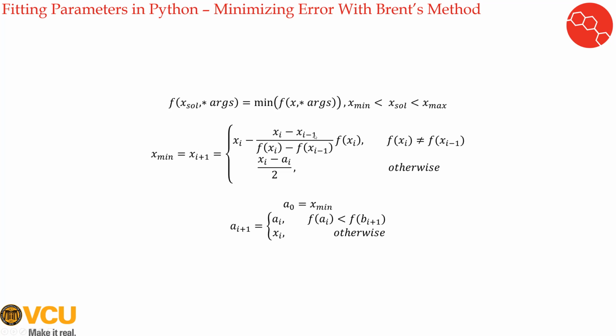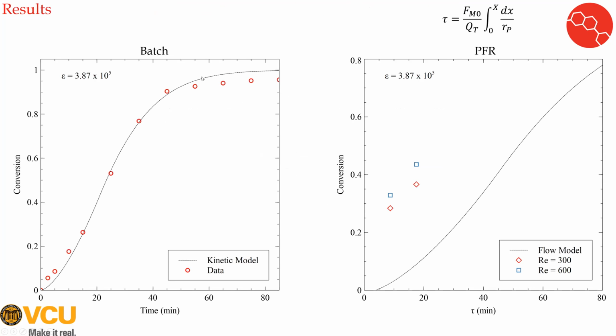So this basically combines a computationally efficient method that has error associated with it with a computationally inefficient method with very little error, to converge much faster to an accurate solution. I utilized this and that system of differential equations to fit to kinetic data that I obtained in the lab.